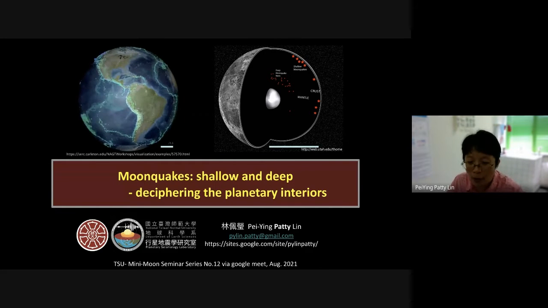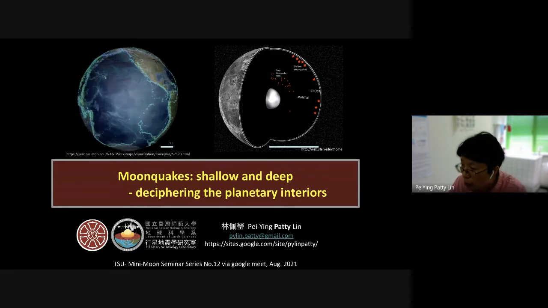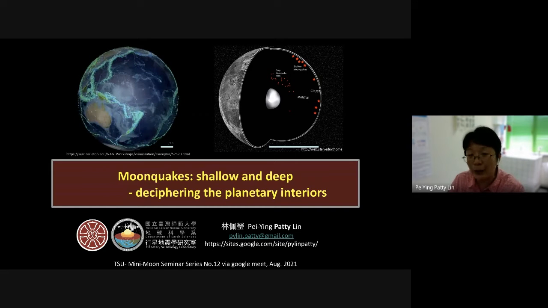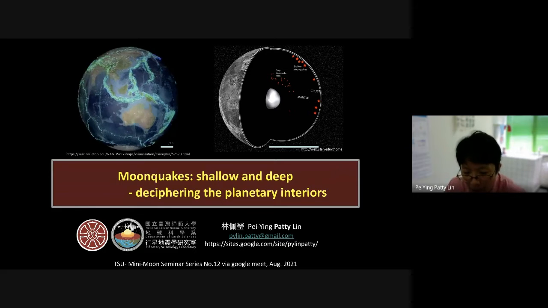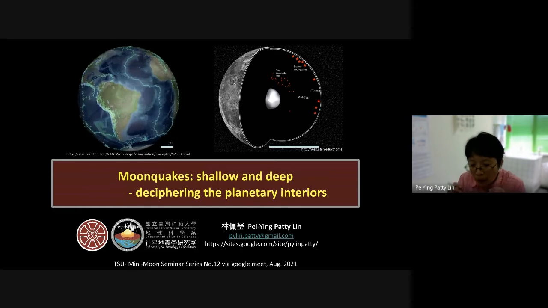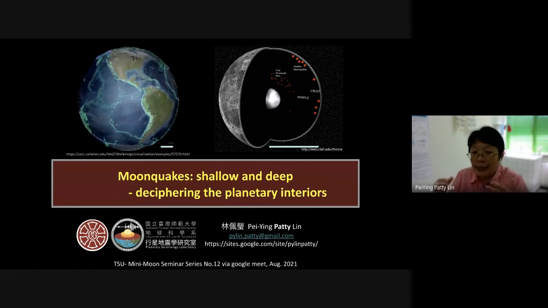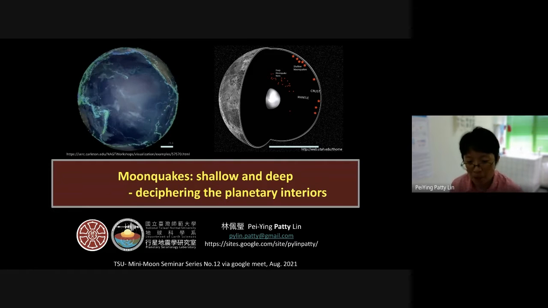As Professor Ye just said, my research has been focusing on seismological and geophysical observation to study Earth and planetary interiors, so Earth and Moon. I'm particularly interested in multi-scale structures in the planets, which can tell us the dynamics in the Earth and Moon.